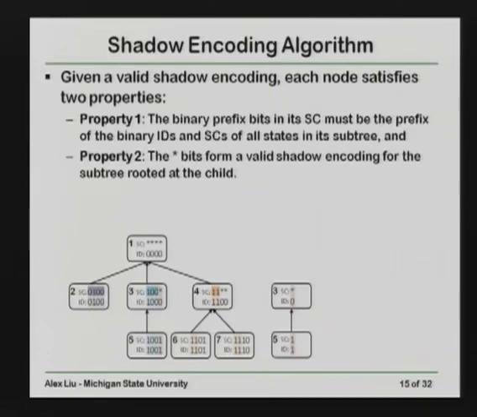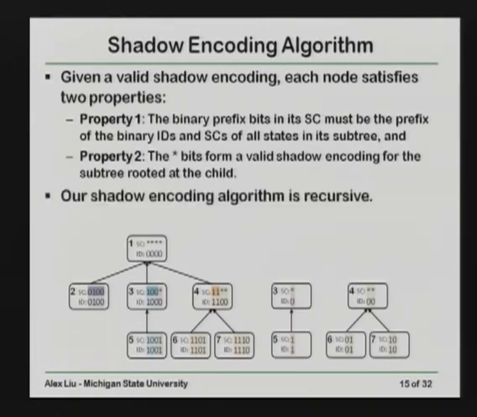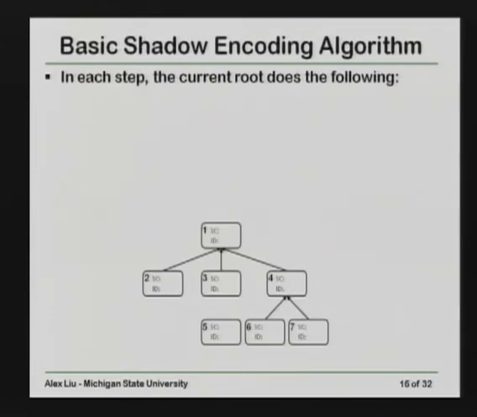So this will also form a valid shadow encoding. And same thing for the subtree with states 5, 6, and 7. So basically, this suggests that the shadow encoding algorithm can be recursive, so we developed a recursive shadow encoding algorithm.